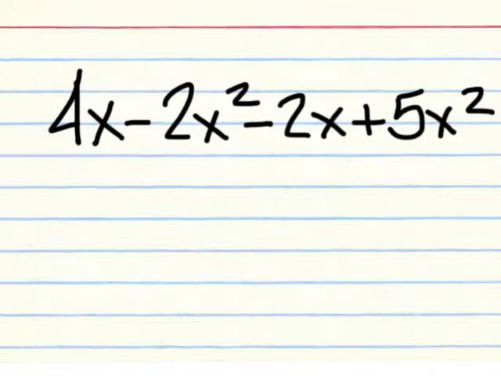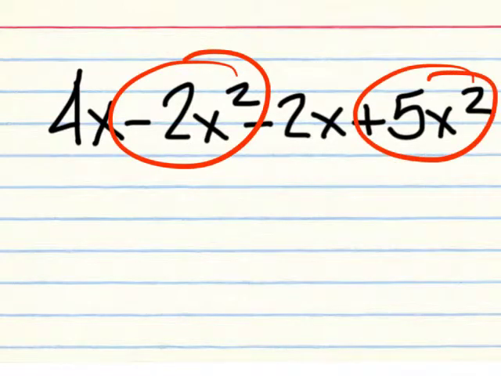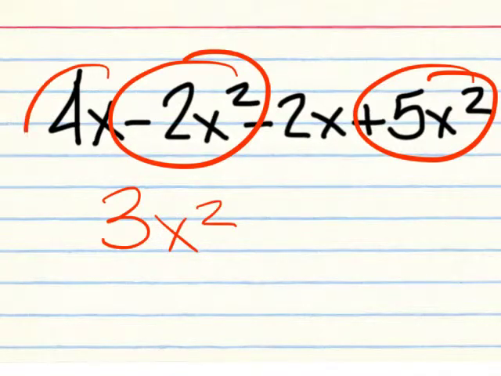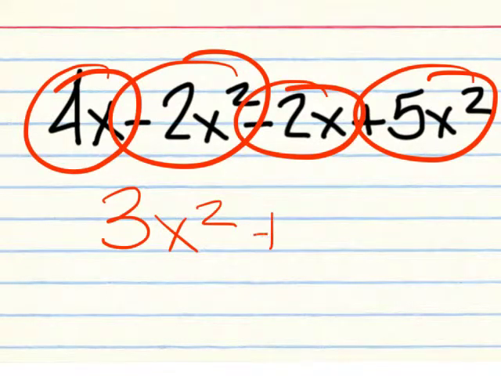The solution for the practice problem is that you have a negative 2x squared plus 5x squared. That's a 3x squared. And then here you have 4x minus 2x is plus 2x. 3x squared plus 2x.